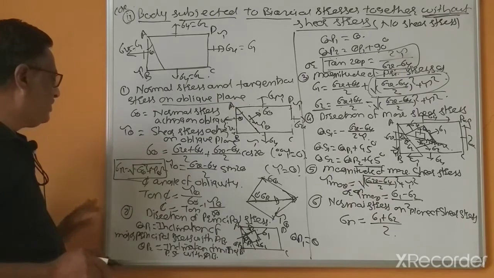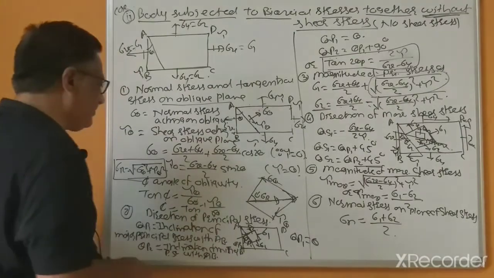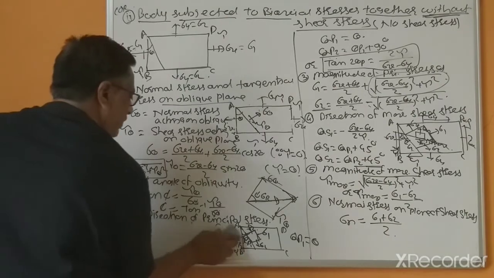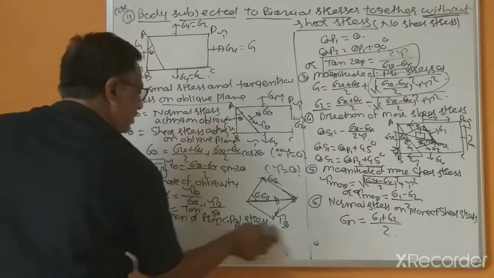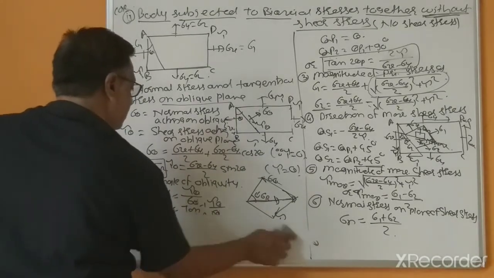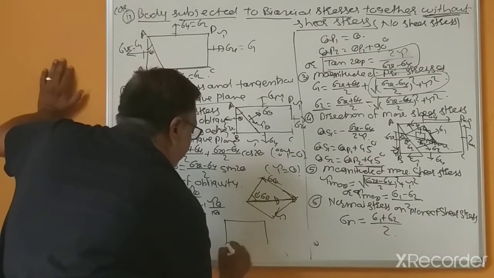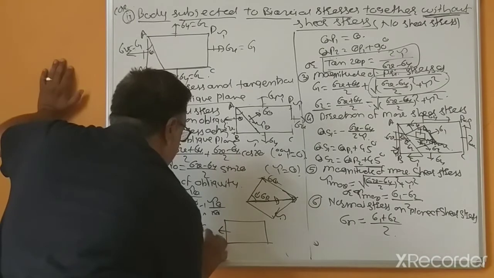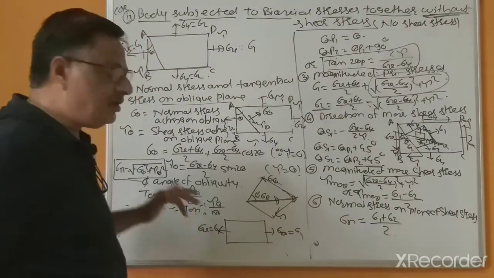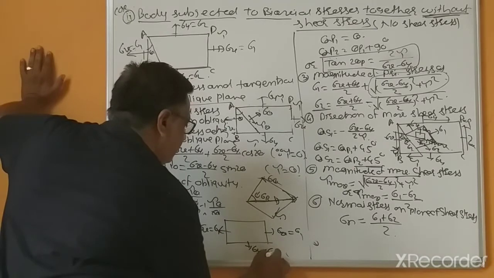Now the directions of the principal stress. Here, because this now becomes the principal stress, sigma x equals sigma 1, because sigma 1 is nothing but the maximum principal stress, and sigma y is the minimum principal stress.